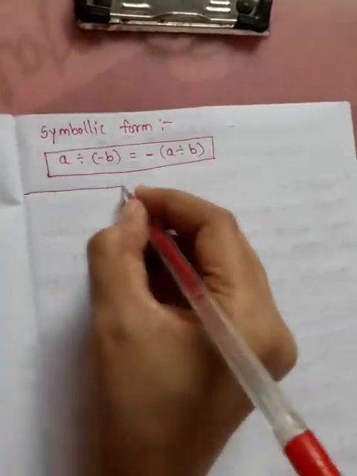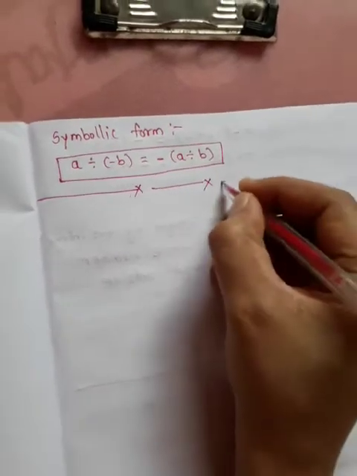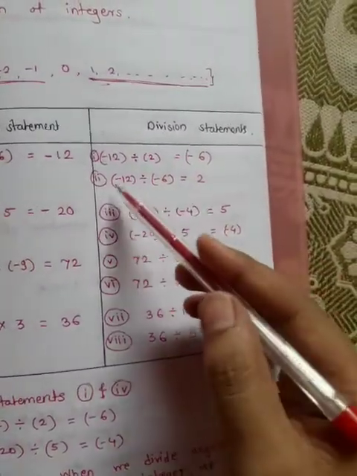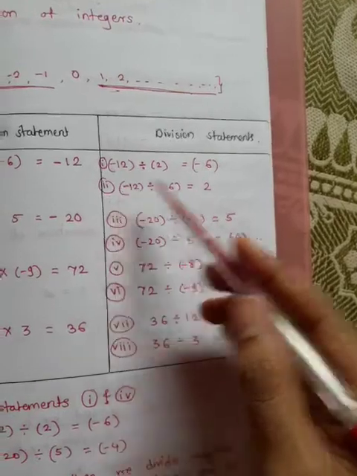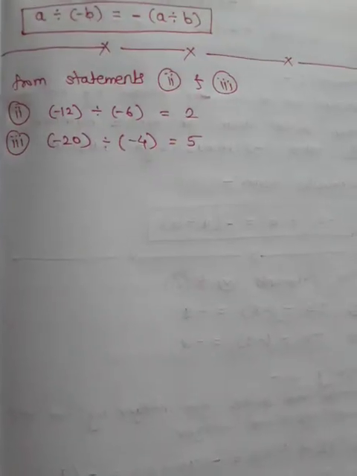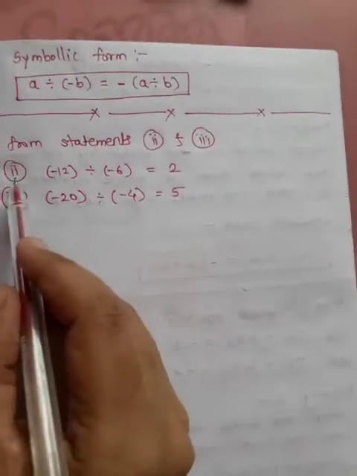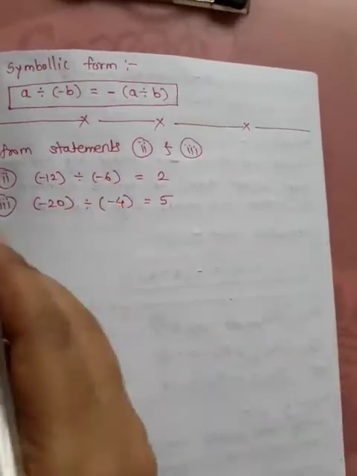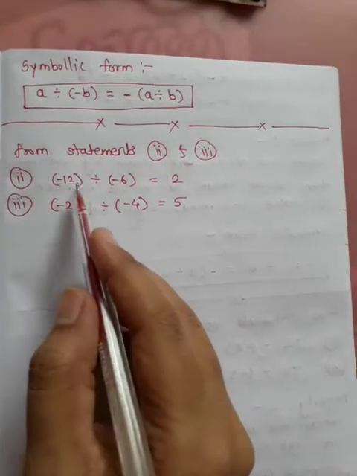So again we take some other statements from the table. We can take statement number 2 and statement number 3. What is statement 2? This is from the table.